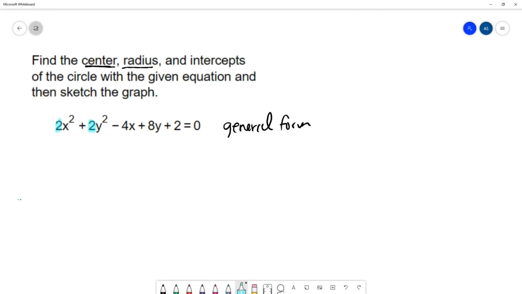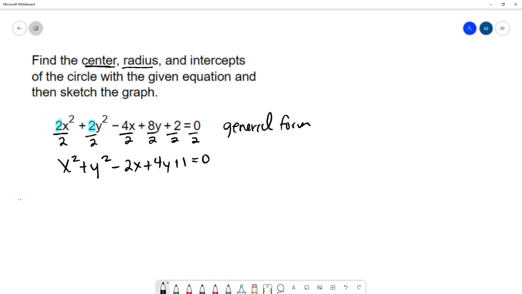Because we have coefficients on our x squared and y squared terms, I'm going to get rid of those first. So I'm going to divide every term by that coefficient to clear it out. That gives me x squared plus y squared minus 2x plus 4y plus 1 equals 0.